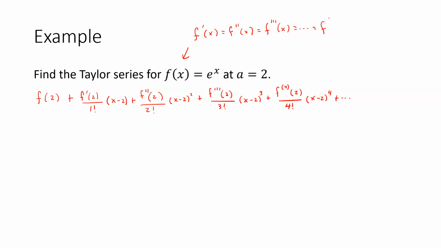So any order derivative will always be the same. So therefore the nth derivative at 2 will always be e squared, for all n. So we know all these values here will be e squared. So this will be e squared, this will be e squared, this will be e squared, and so on.